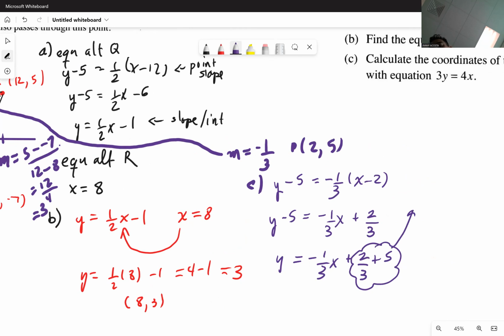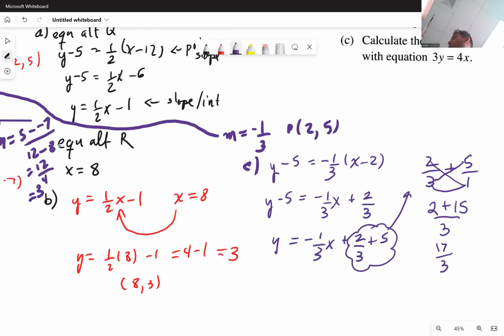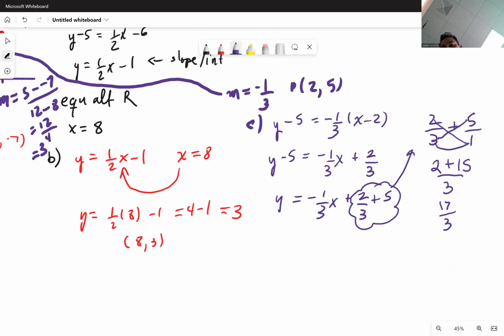You go like this, 2/3 plus 5/1, essentially. 2 times 1 is 2. 5 times 3 is 15. 3 times 1 is 3. Comes out to 17/3. We call that crisscross happy face. So that's y equals negative 1/3 x plus 17/3.